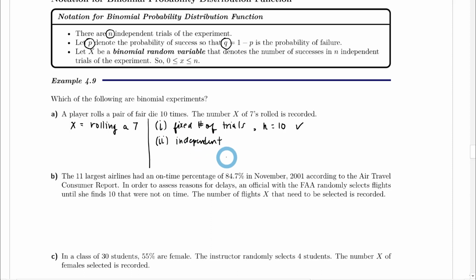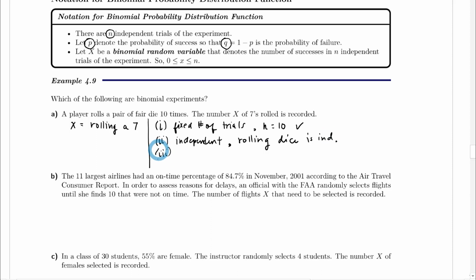If I roll a pair of fair dice 10 times, the first time I roll it, will the second roll be affected by the first roll? We would say no. Rolling a die or rolling a pair is independent, as we know.